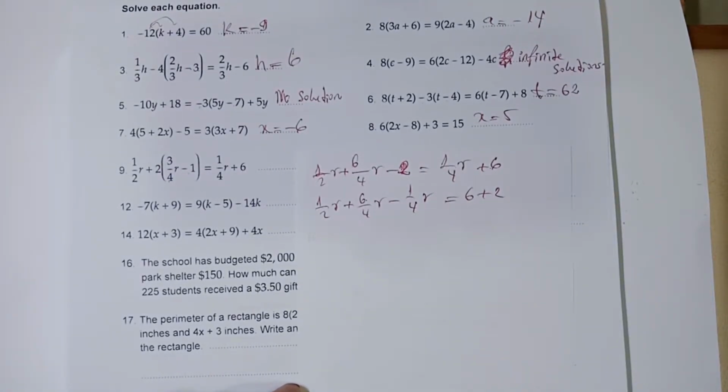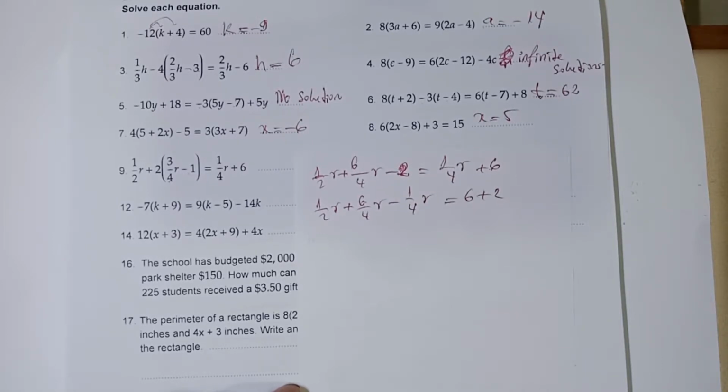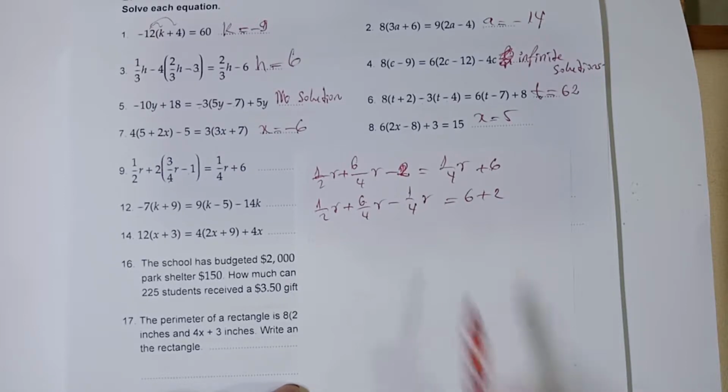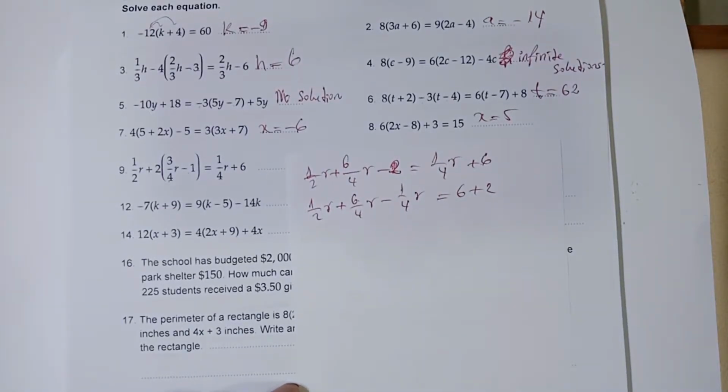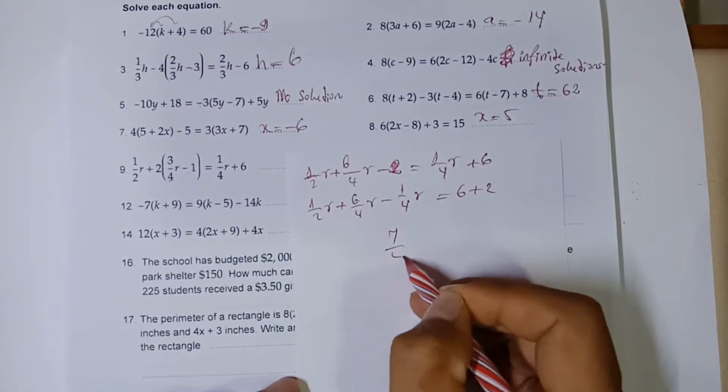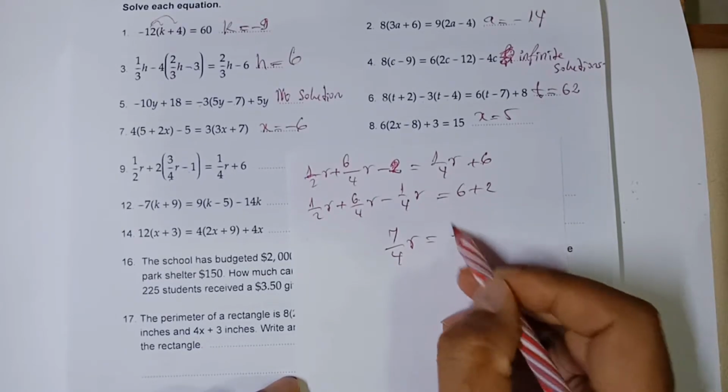So here I have 0.5, and then I plus this with 6 over 4, but I minus this by, this is going to be 0.25. That's going to give us 7 over 4 r equal to 8.